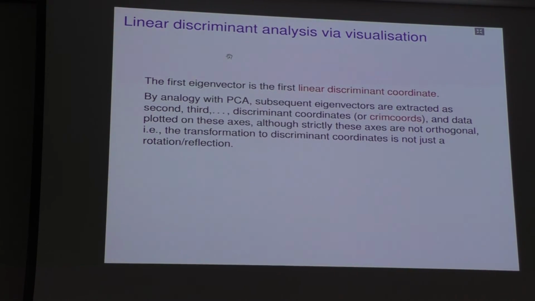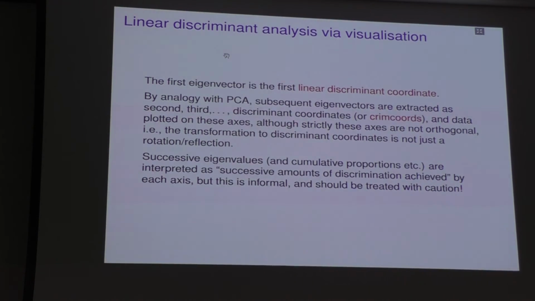And in exactly the same way, you can decompose any data onto these linear discriminant coordinates, and so then you can plot their coefficients. Now normally these axes aren't actually orthogonal, but nevertheless it still gives you meaningful plots, and you can usually interpret them quite well.